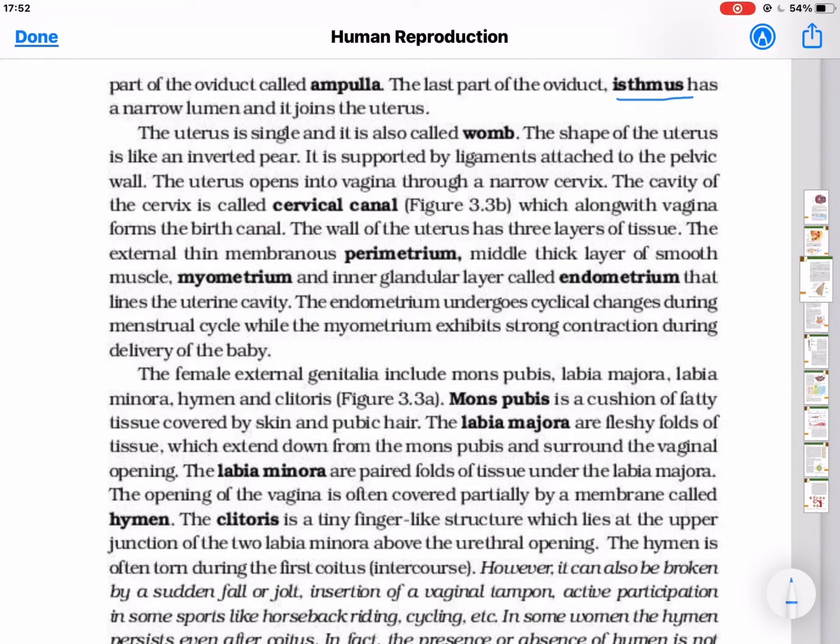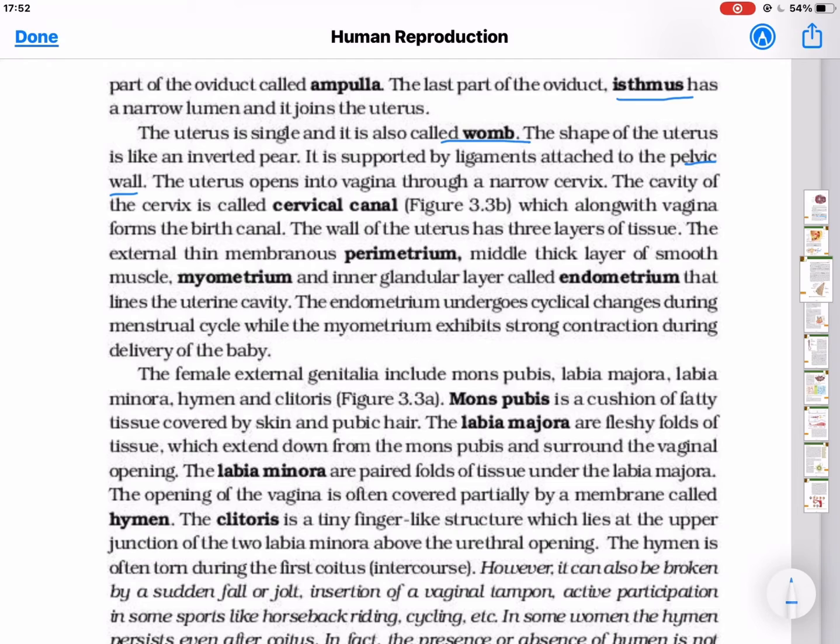Next is the uterus. The uterus is single and is also known as womb. The shape of the uterus is like an inverted pear. Inverted means ulta. Pear, a type of fruit. नाशपाती जैसा fruit. It is supported by ligaments attached to the pelvic wall.